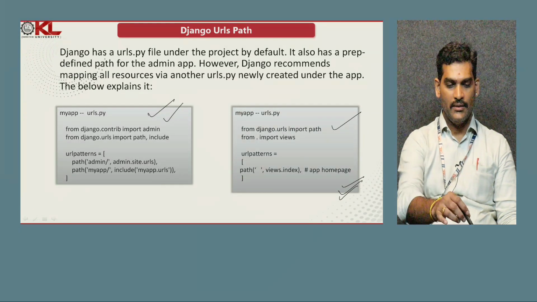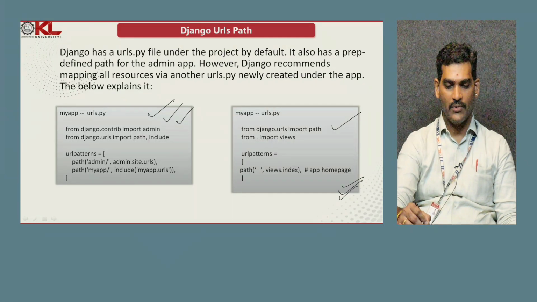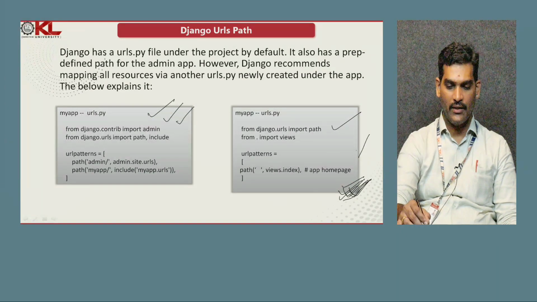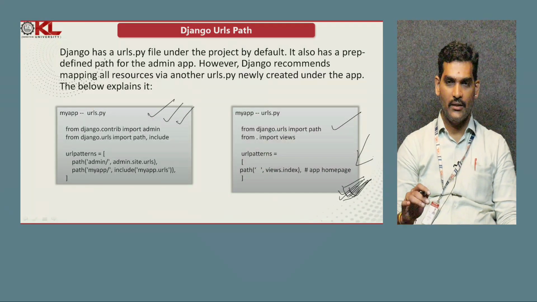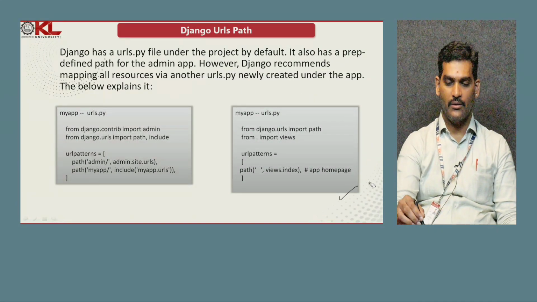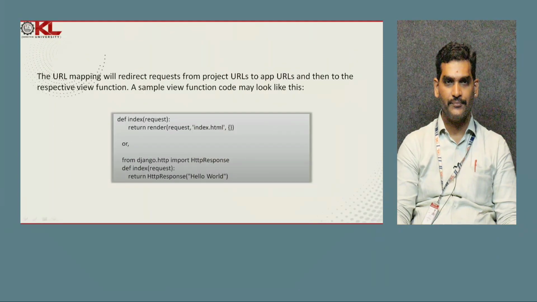So this is the main project related one, and this is the app's urls.py. This we are supposed to create manually under the particular app, so that the communication will be done between these two. Hope you understood this. So urls.py for the app we're supposed to create manually.